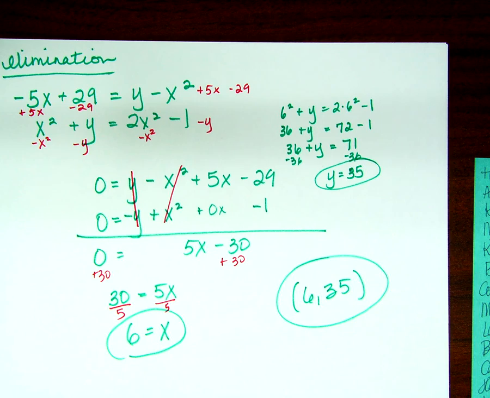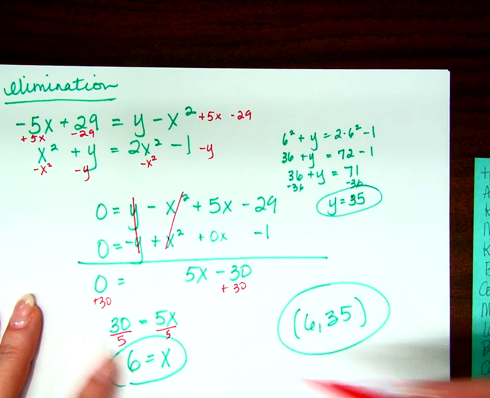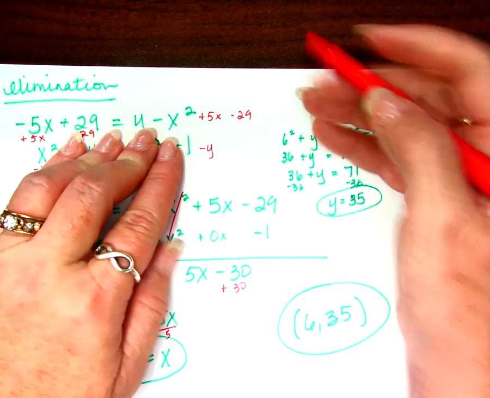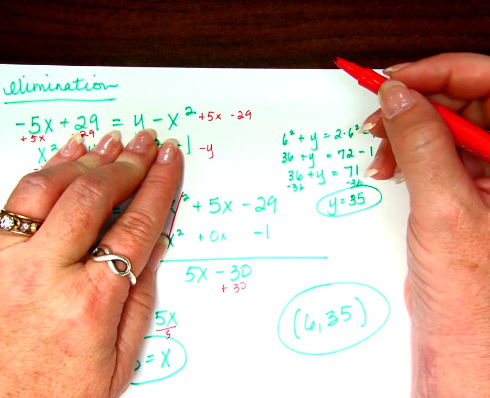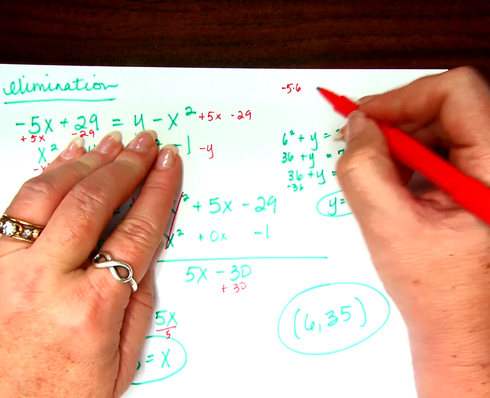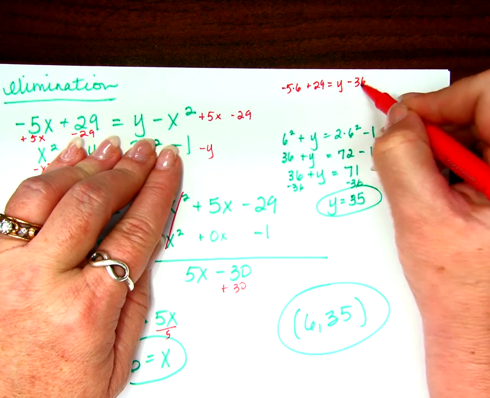Can I show you something, though? You don't have to write this down because I don't want it to confuse you. What if I took this 6 and put it in the top equation instead? Because several of you were saying top. Negative 5 times 6 plus 29 equals y minus 36.